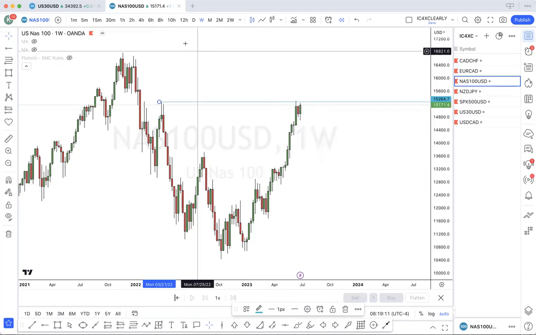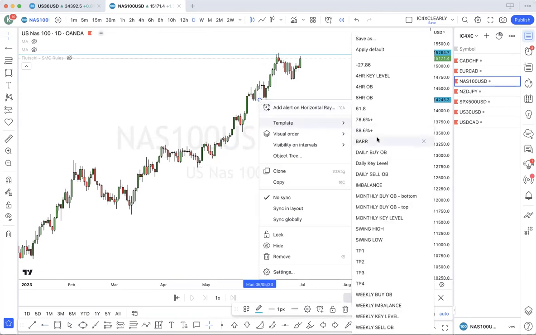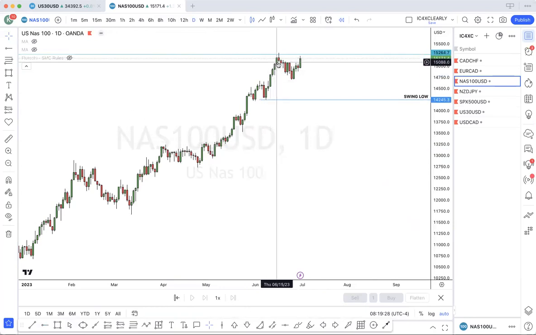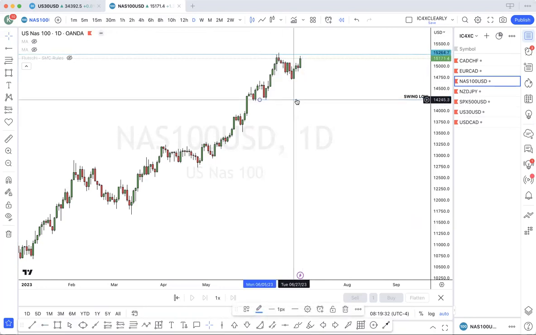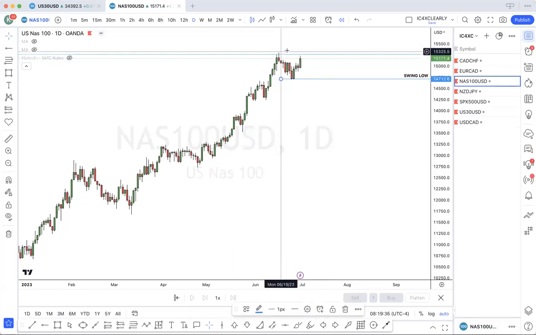Price is bullish. This is our current swing low. If price breaks this high, then we'll move our swing low up to here. But it has to break this high first.